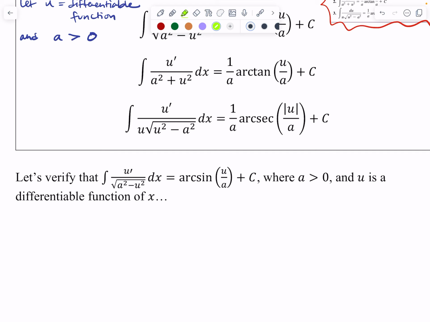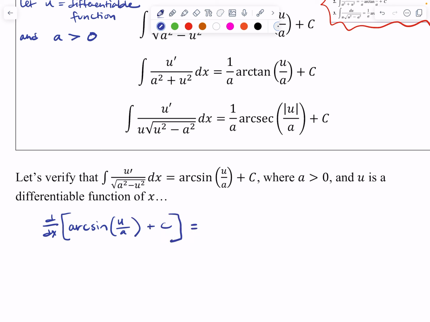The way that we can do that is we can think about differentiating with respect to x, arc sine of u over a plus c.